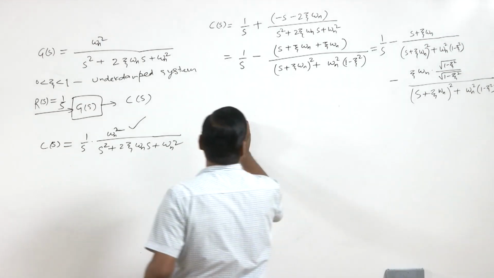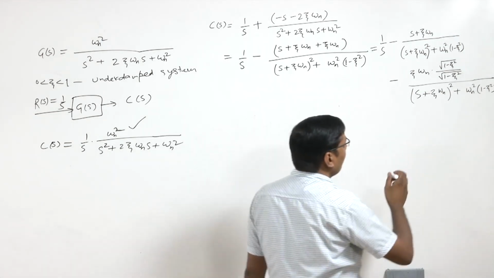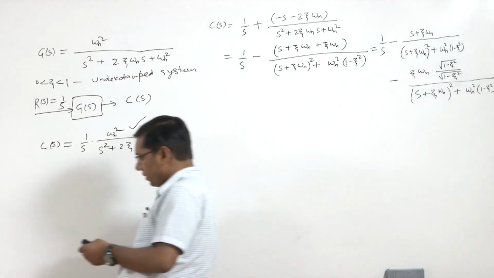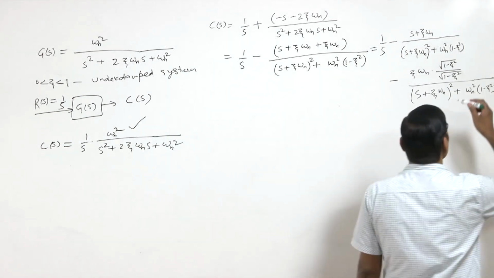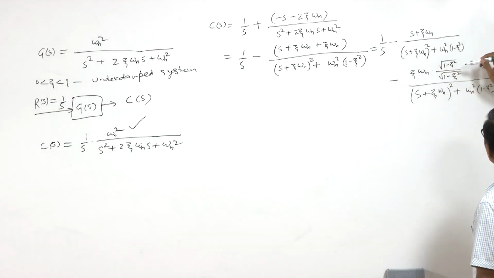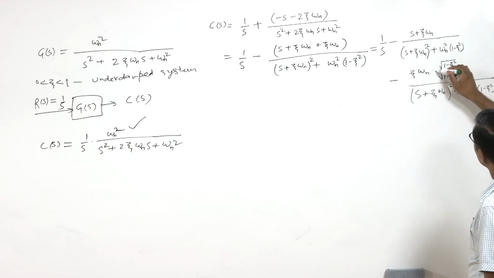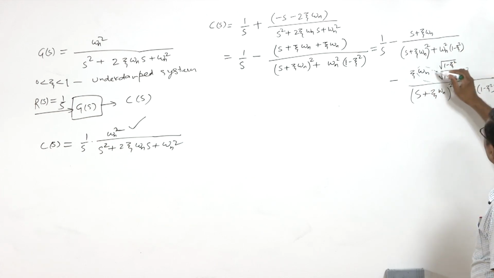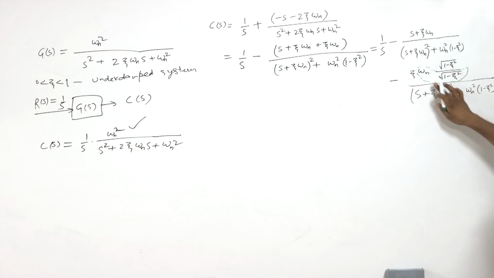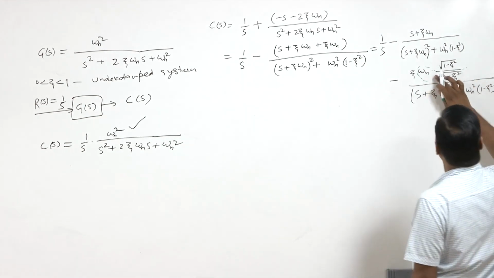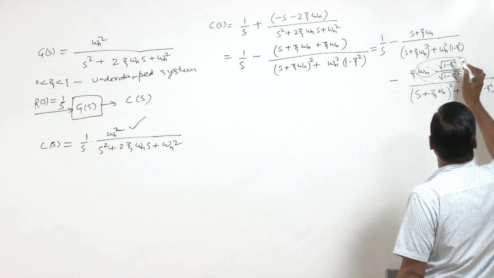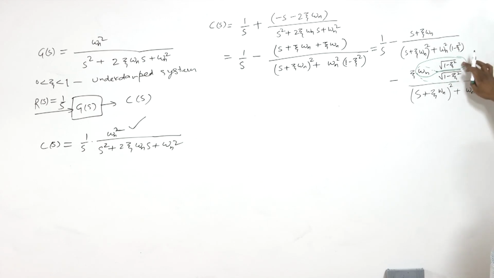Now we can take these together: omega n into root 1 minus zeta square, whose square is equal to this term.